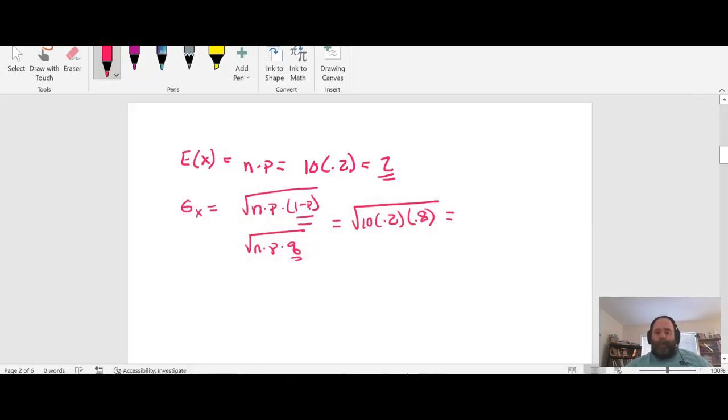So my standard deviation for this example is going to be around 1.26, right? So on average, we're going to be within 1.26 trials of 2, right? So if we get below 0 or above like 3.5, we're starting to get into more unusual territory here.